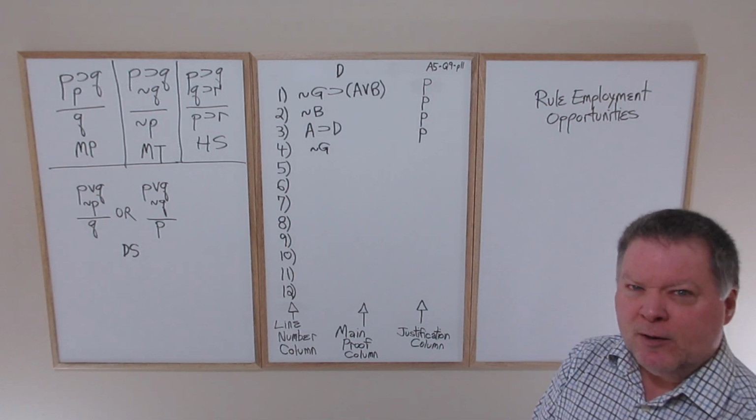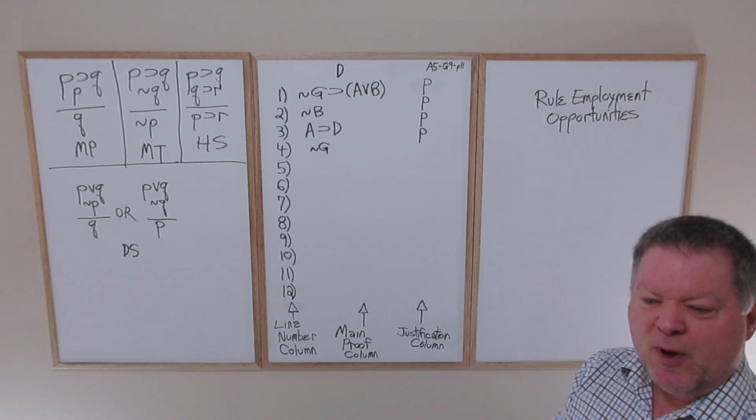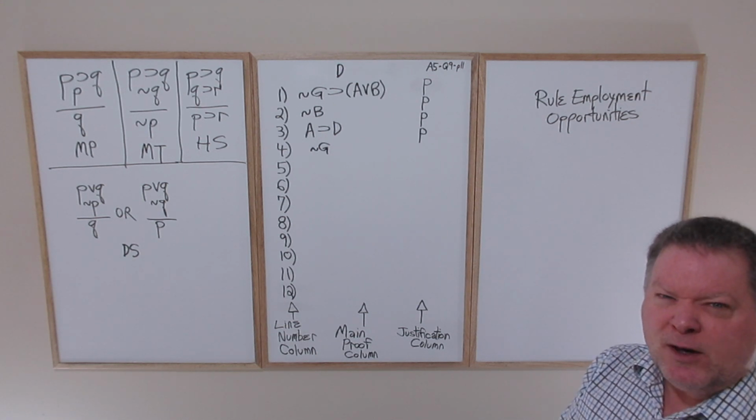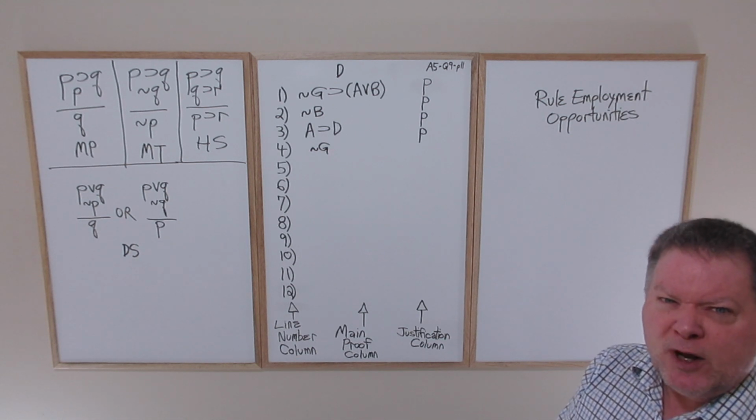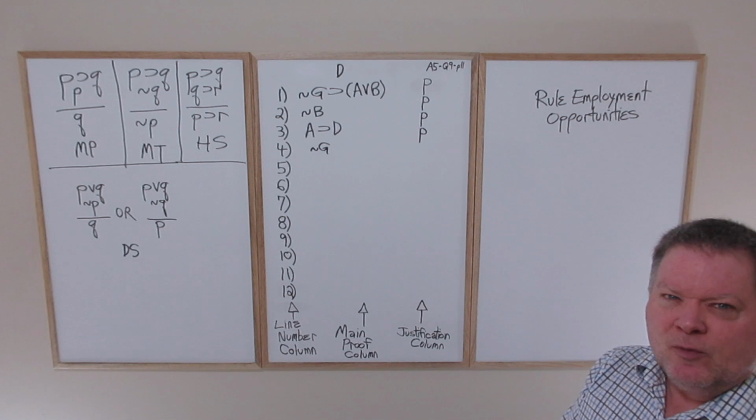That is to say, subsets of your available information that entitle you to employ a rule and infer a new sentence.